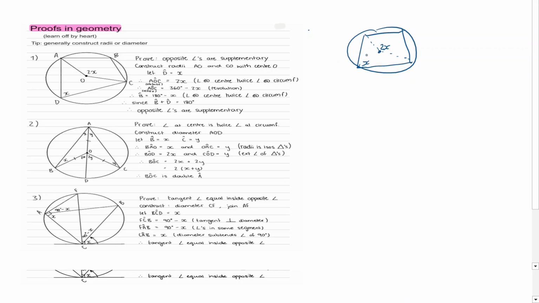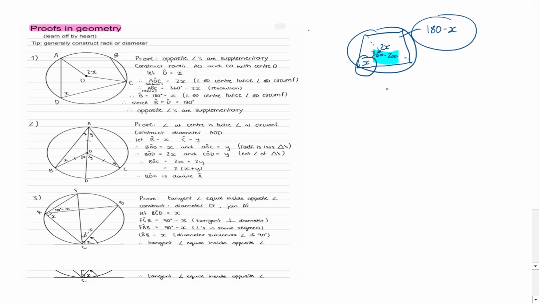Then you do revolution, so the other side here will be 360 minus 2x, and again you could call this half of the angle that's at the center. If the angle at the center on this side was 360 minus 2x, then the angle at the circumference will be half of that, and just like that you've proved that the opposites are supplementary, that they add up to 180.